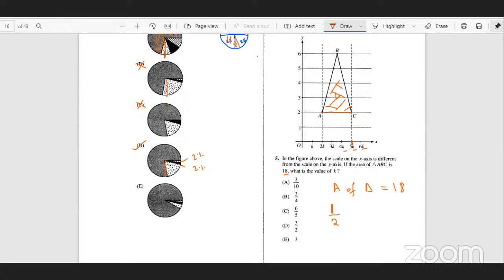So if this is 5k and this is 2k, certainly my base would be 5k minus 2k, right? Because the x coordinate of point C is 5k and the x coordinate of point A is 2k. We are done with the base. We need to write down the height. So height would be from 2 to 6, that is 4. And this area is equal to 18, okay?